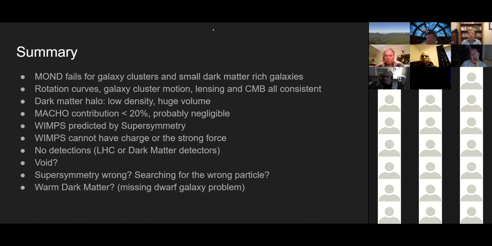Since we have no mechanism for creating and emitting this matter, I think it has to be gravitationally bound material. We don't believe it's material traveling from one halo to the next. We do think it's gravitationally bound to a single halo.